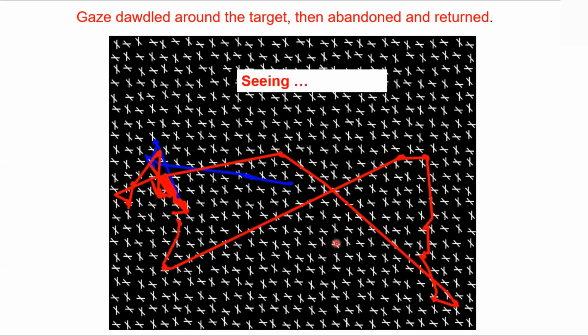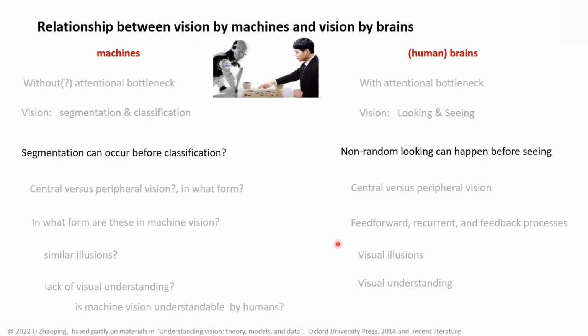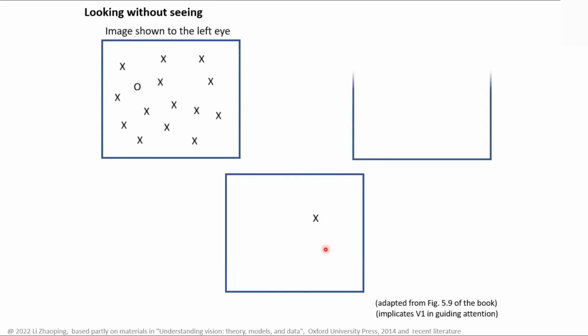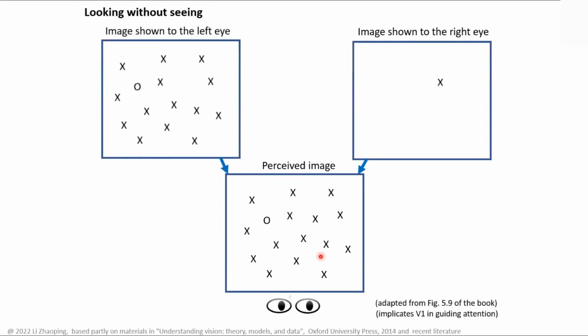That's the point. And so therefore, looking and seeing, we see that this is segmentation, classification, I don't know. But non-random looking can happen before seeing. Segmentation, can it occur before classification? Because this is the example where looking occurred before you see anything distinctive in there, right?